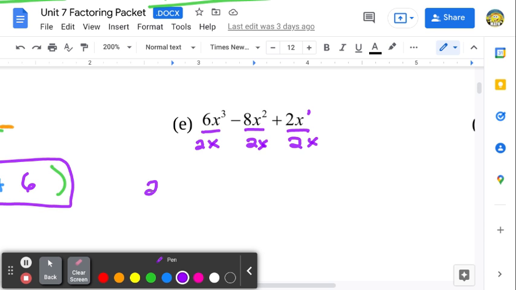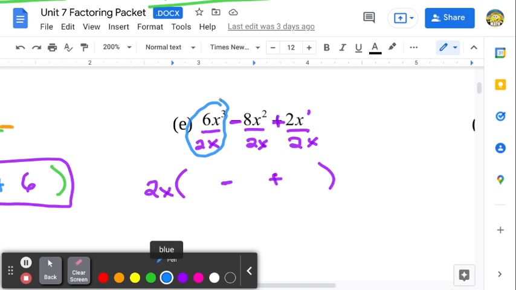So my GCF is 2x, and now I'm going to bring this down. I'm going to bring down this minus sign and this plus sign right there. We're going to divide each term. 6x to the third divided by 2x to the 1 gives you 3x squared. 8x squared divided by 2x to the 1 is 4x.